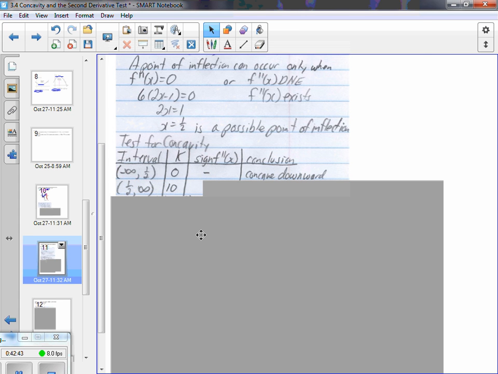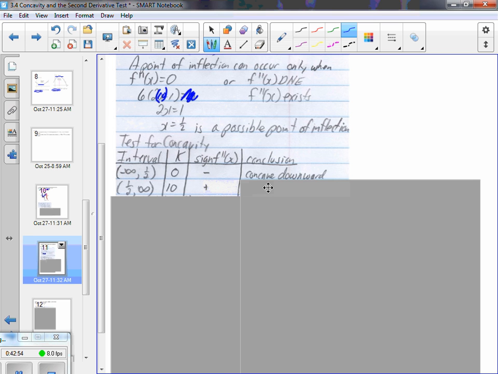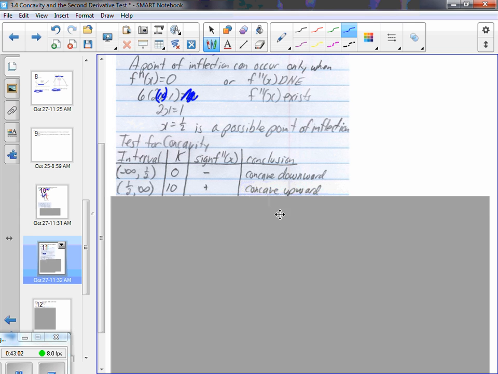When you put a 10 in here for x, now what do you get? Positive second derivative or negative second derivative? Now it's a positive second derivative. We don't care what the number is. We just care if it's positive or negative. Concave up.